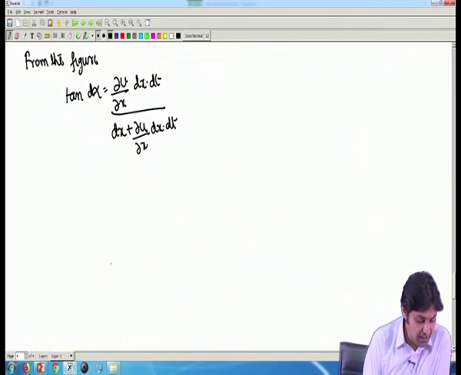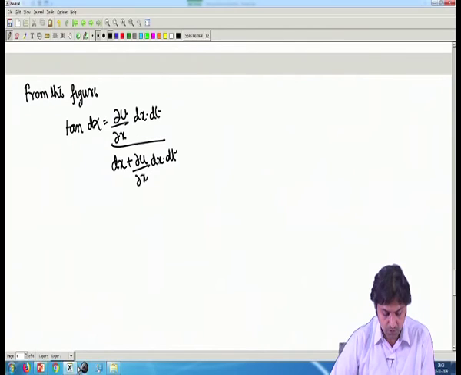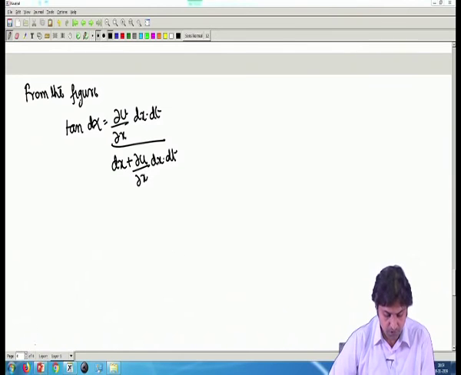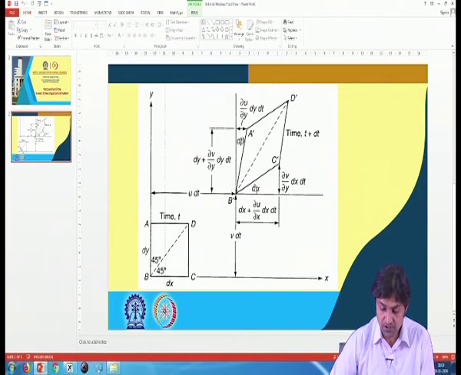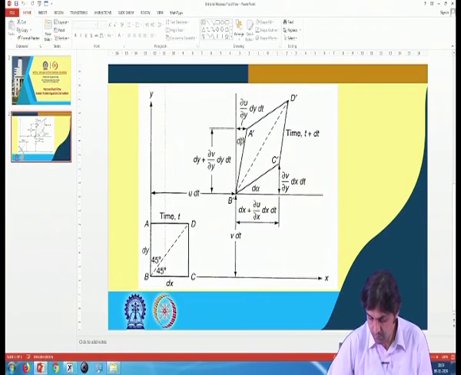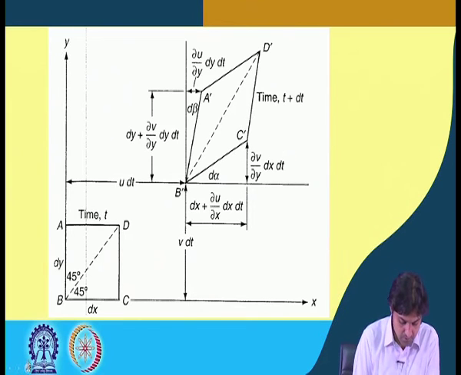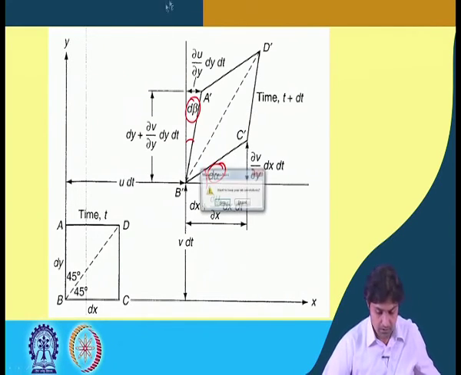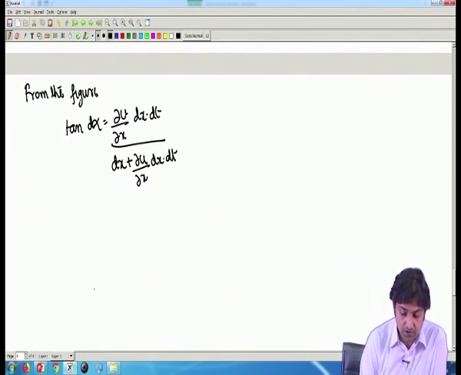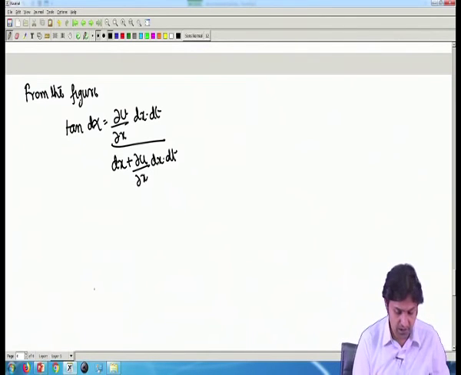So, tan d alpha, you see, I am not going to open it all the time, so I will show you here. This is d alpha and this is d beta. Tan d alpha was del v by del x into dx dt divided by dx, just simple geometry.